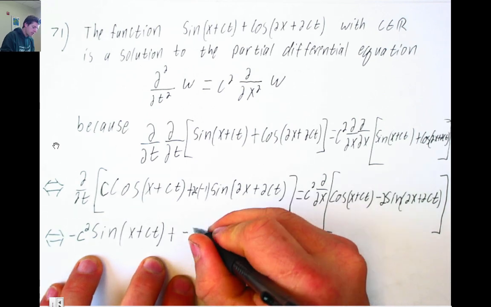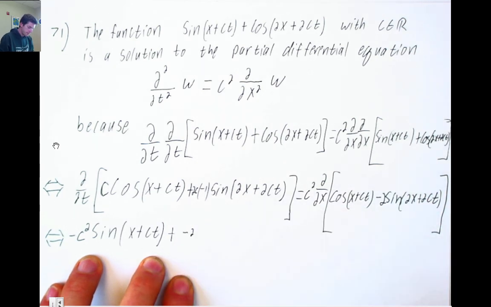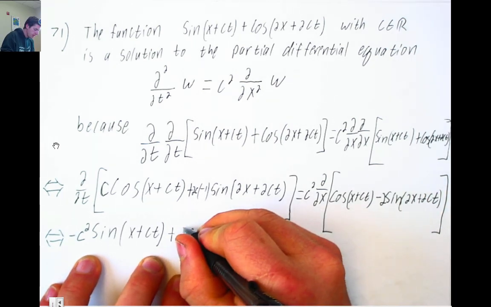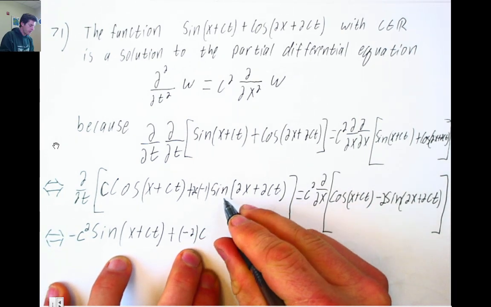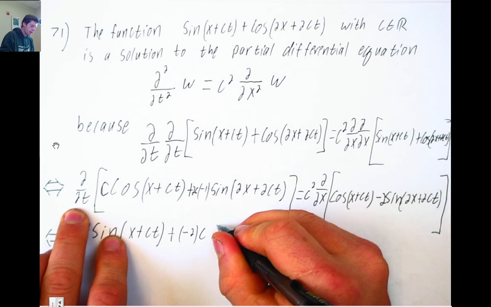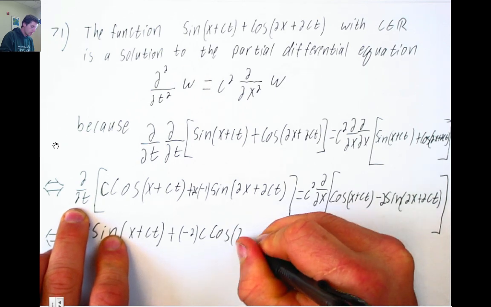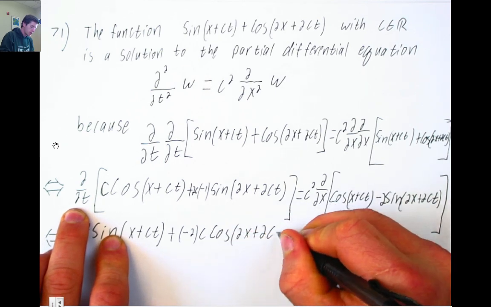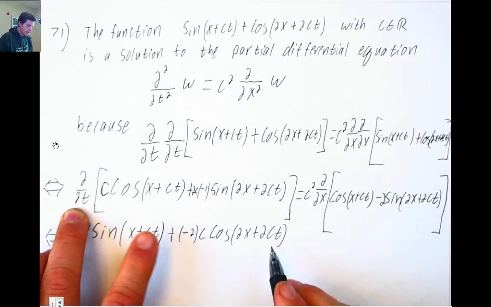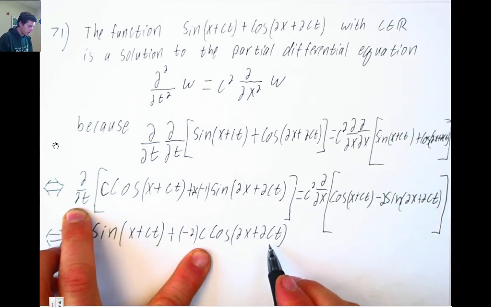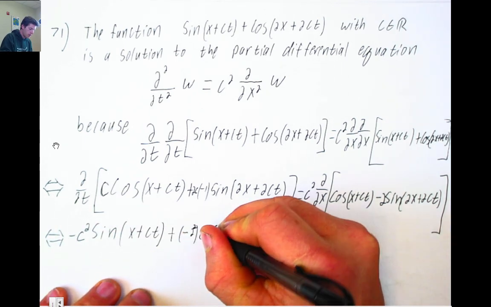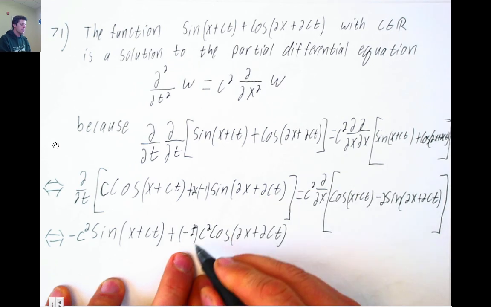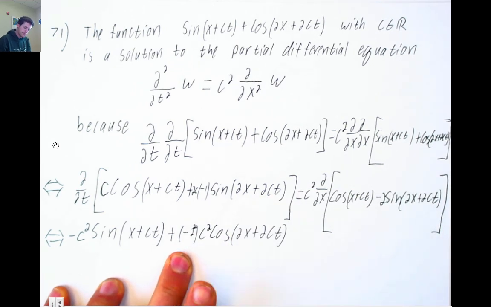Let's see, negative 2c, and then the derivative with respect to t of sine is cosine of 2x plus 2ct. And then I need to multiply by the derivative of the inside with respect to t, which is 2c again. So let's see, 2 squared here and a c squared there. Now, I still have that negative sign.